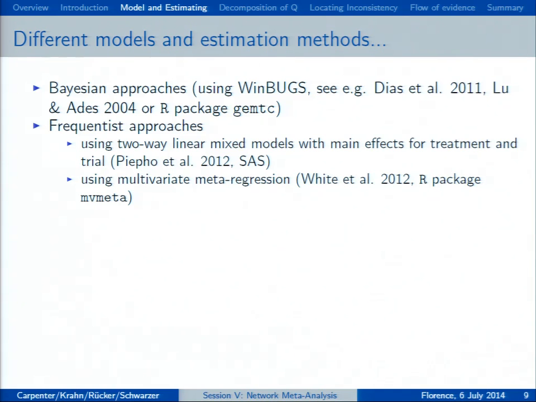There are frequentist approaches, for example, using two-way linear mixed models with main effects treatment and trial, where we can find further information in the publication of Piepho, and he used the software SAS to implement these methods. We have also heard that network meta-analysis is a special case of multivariate meta-analysis, multivariate meta-regression, so we can also use the R package mvmeta to conduct a network meta-analysis.